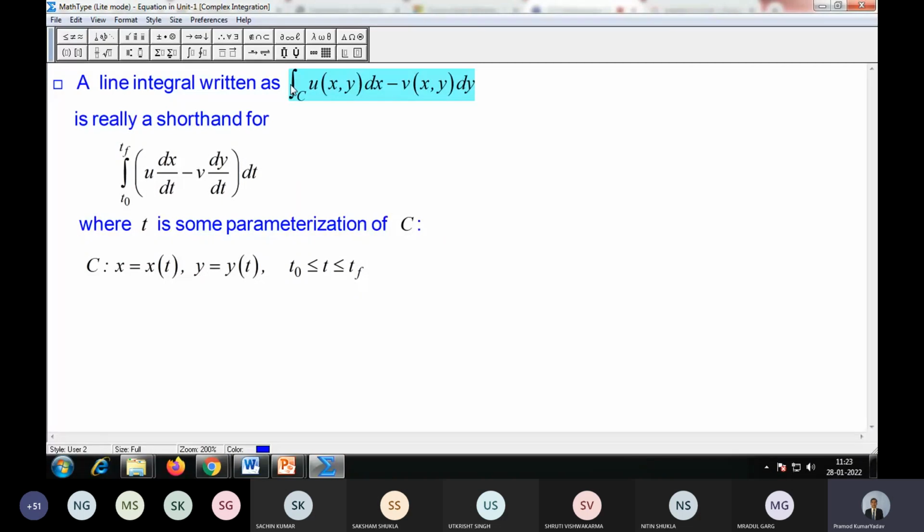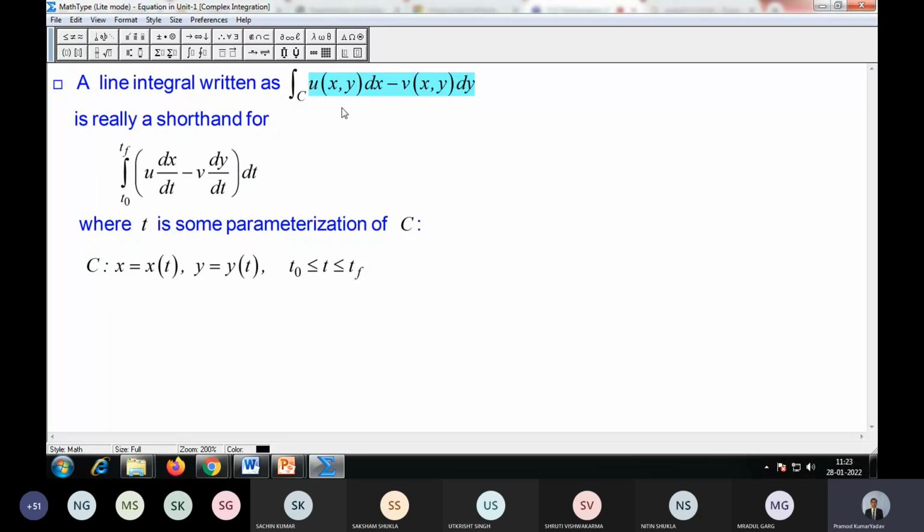So what we need to do is reduce this integration to a single variable with the help of the parametric equation of the curve. Since curve C is given, you may write the parameters of that curve C. You don't need to remember that one, just write it down. With the help of that, you may reduce everything in terms of t and you get the answer.